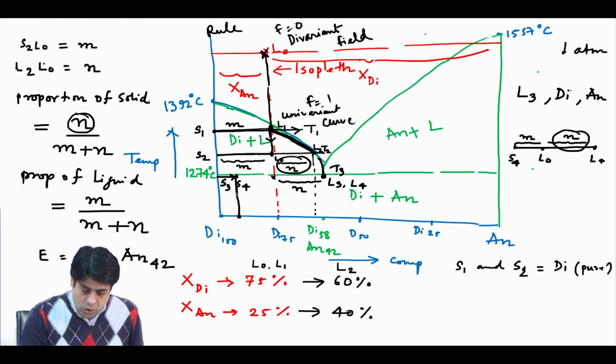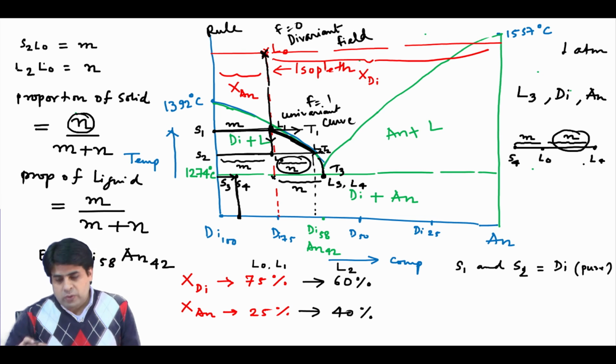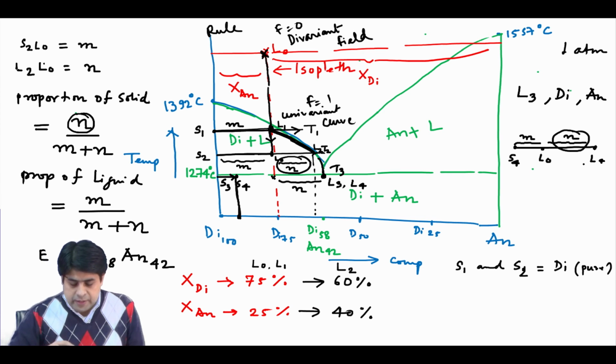If you draw a vertical line, in this particular S4 point you have 90% of diopside and 10% of anorthite. So, from this we can easily calculate the diopside and anorthite proportion, and also the proportion of the liquid.